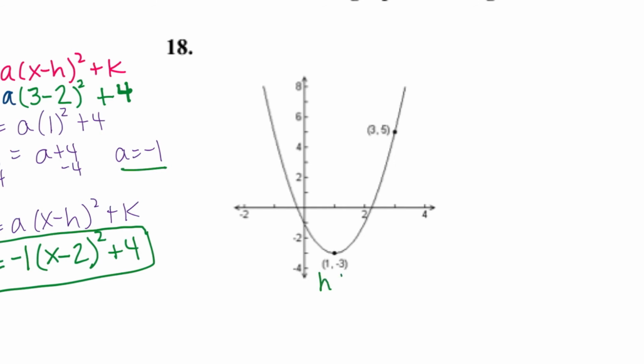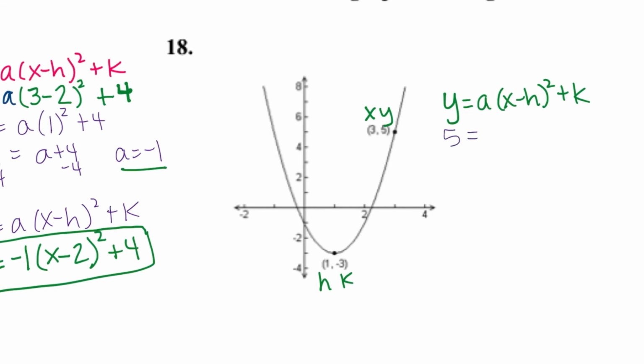On 18, I have my HK is my vertex, my X, Y is my other point. So I have the equation y equals a times x minus h squared plus k. So I'm going to take and plug in my numbers, my hk, my x, and my y.